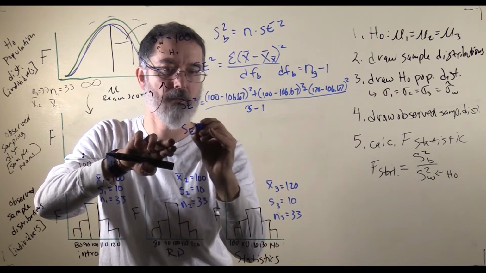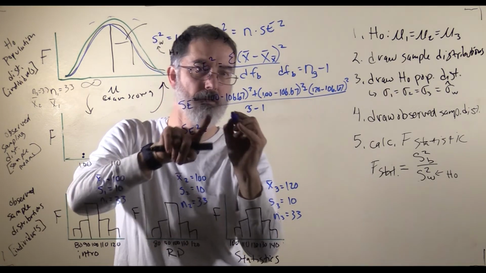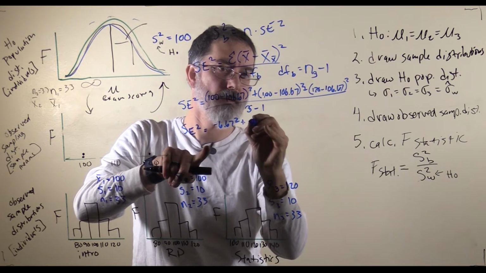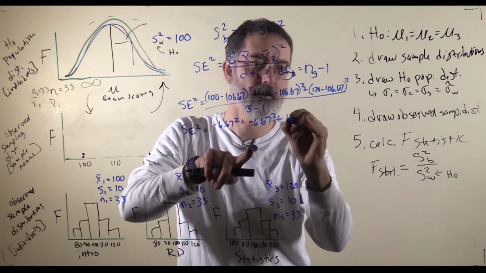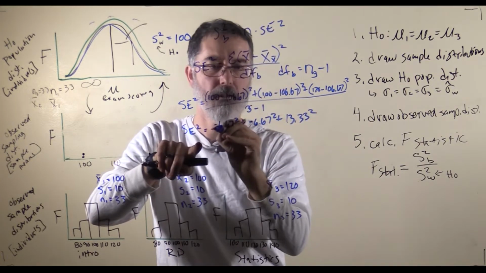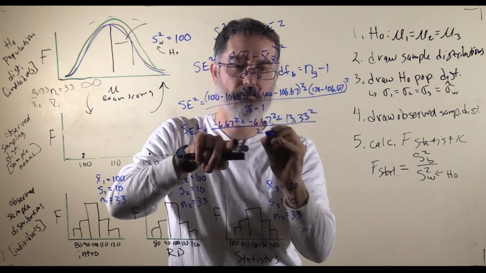Okay, so the variance of these 3 sample means is going to be negative 6.67 squared plus negative 6.67 squared plus 13.33 squared. That'll all be divided by 3 minus 1, which is 2.